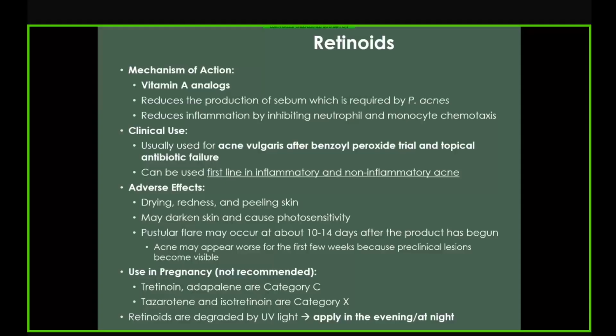So it's between essentially this and using antibiotics. First line in your inflammatory and non-inflammatory acne, if for whatever reason your patients can't use one of your topicals that are available. Adverse effects: drying, peeling of your skin, redness.